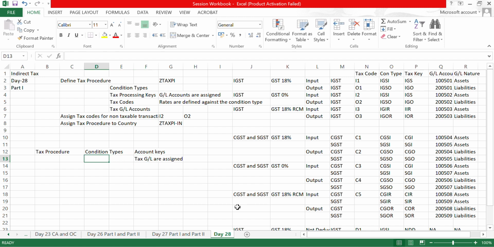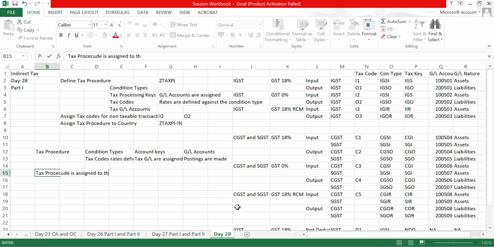Against the condition types, tax codes rates are defined. In the GL accounts, postings are made, and then this tax procedure is assigned to the country.